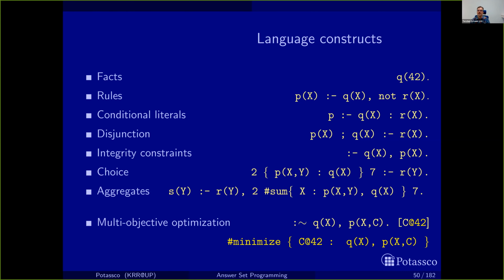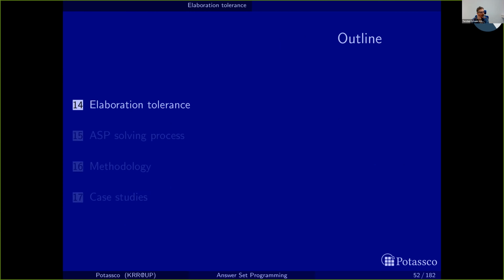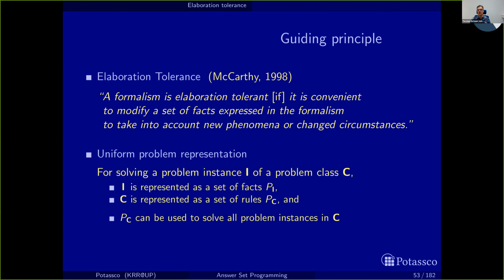So now we are equipped with the language constructs. Let's now look at modeling things. Again, let me jump perhaps a bit over certain things. This is again the elaboration tolerance, and I think we talked about that, and also that we want a uniform problem representation. So the idea is always that if you want to encode a problem, you have two parts. You have an encoding that encodes the problem class, and this encoding should work for all the problem instances.